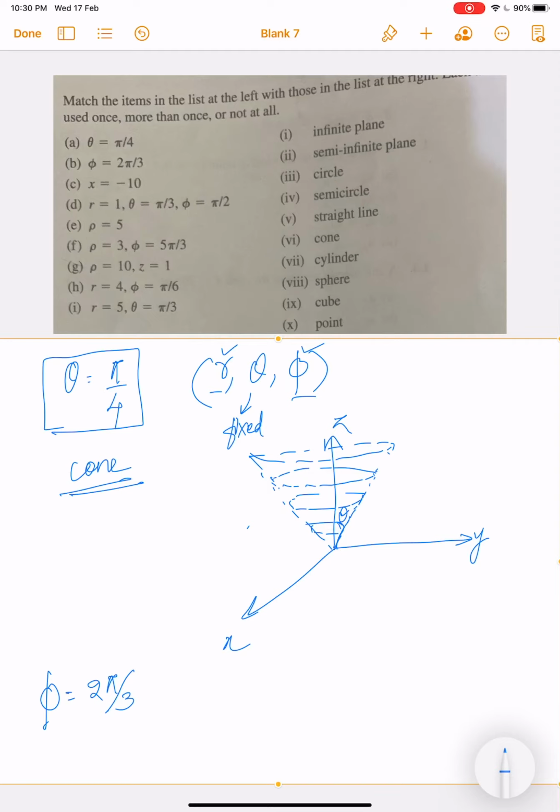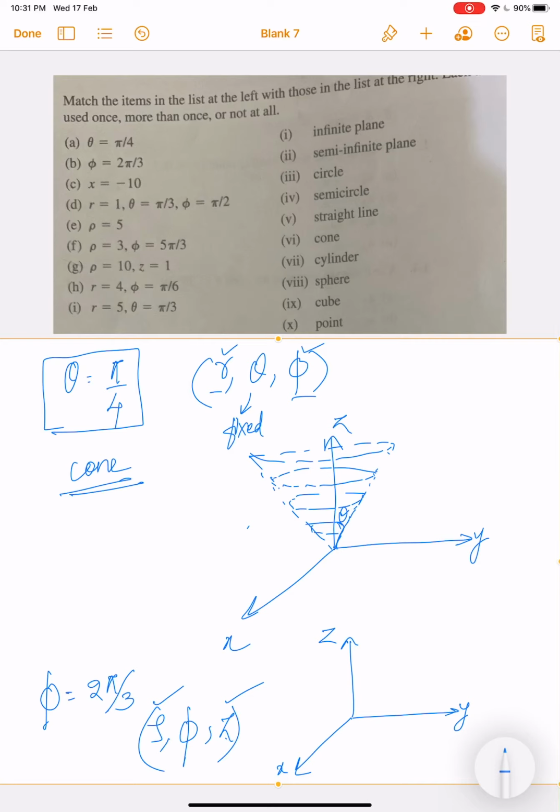Or if I use cylindrical coordinates like rho, phi and z, suppose I use this and let me draw the coordinate axis. Phi is fixed. That means my rho and my z will vary. Rho will vary from 0 to infinity and my z will vary from minus infinity to infinity.